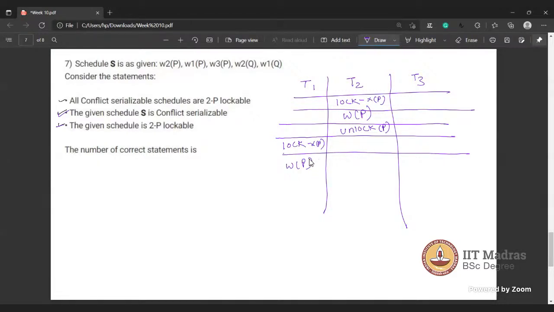Then W3P, so you have to unlock P. Unlock P. Then W3P.